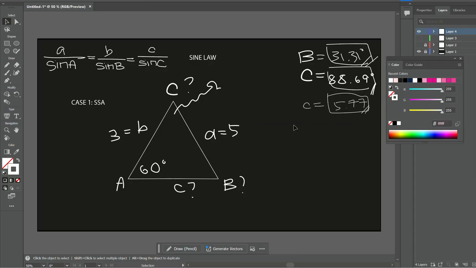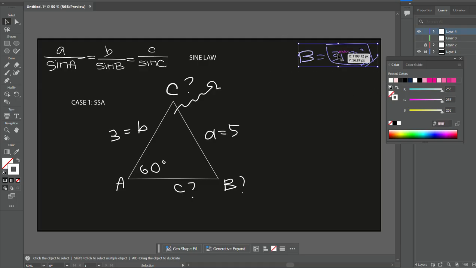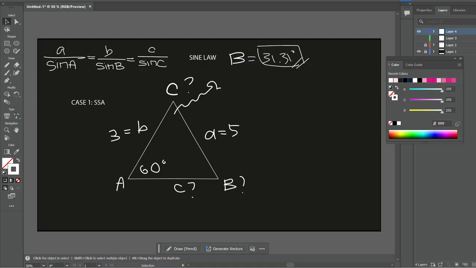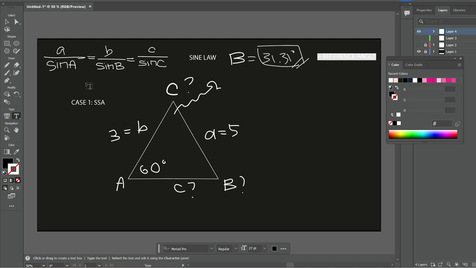You can also get a possible second triangle. So we use B as a reference angle.